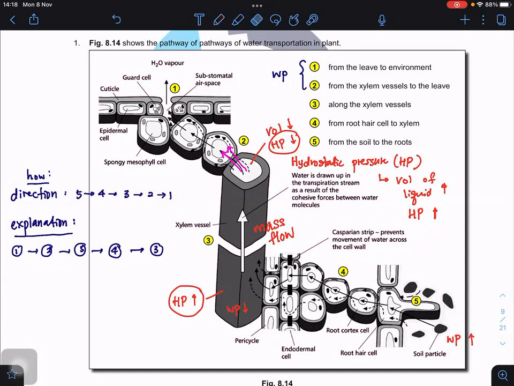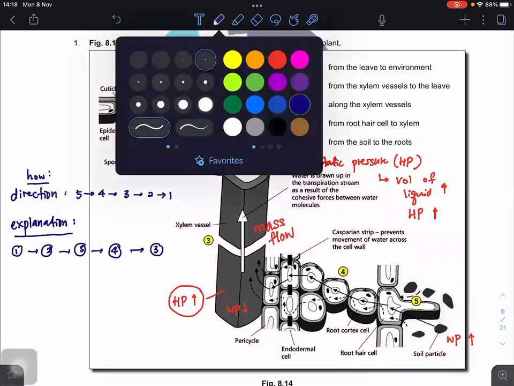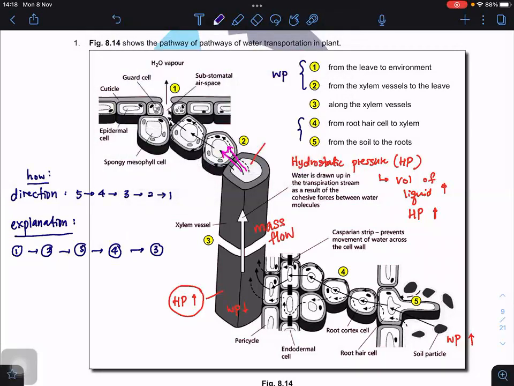Okay, so now remove the here. So if you look at this, number 4 and number 5 also depend on water potential, but number 3 cannot depend on water potential, because if it depended on water potential only, the process would be very, very slow. Are you clear? But in fact, if you check, the rate of the movement is very, very high.